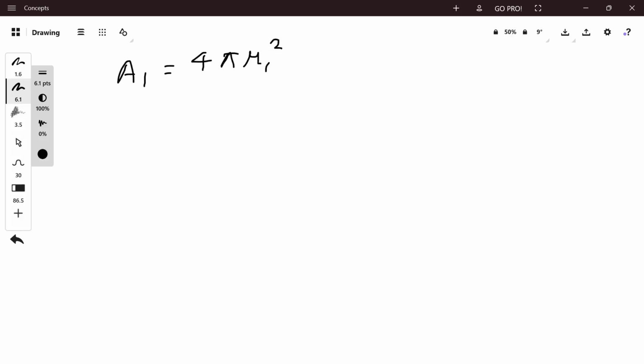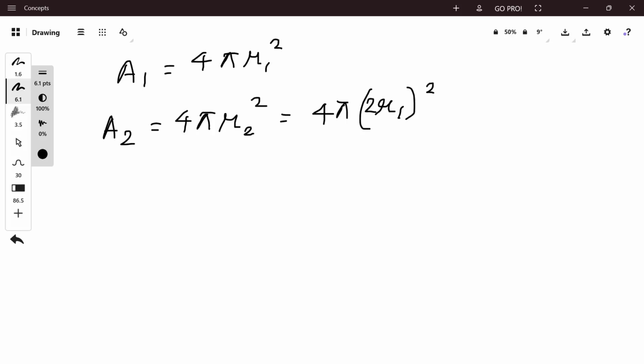The new area is A2 is equal to 4 pi r2 square, which is equal to 4 pi into (2 r1) whole square, which is equal to 16 pi r1 square.